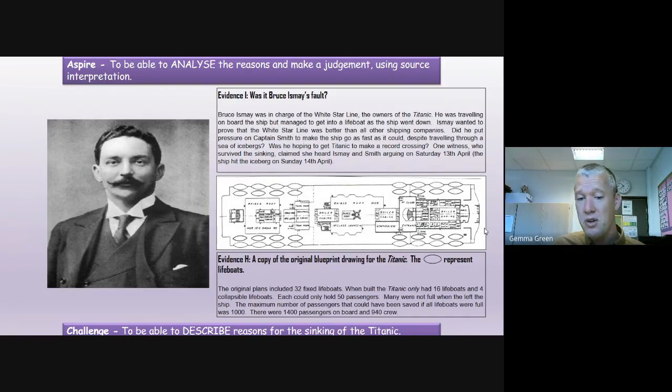However, we've looked at this, there were 1,400 passengers on board and about 940 crew. So even if the lifeboats were full to capacity when they left, which they weren't, only 1,000 people would have survived anyway.